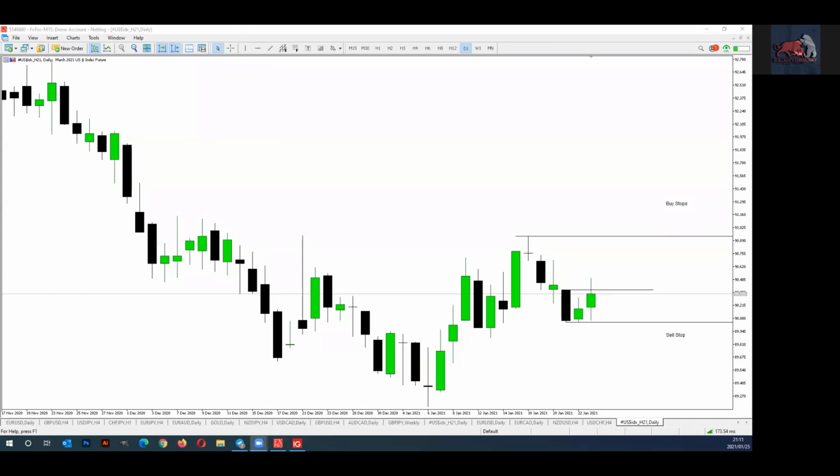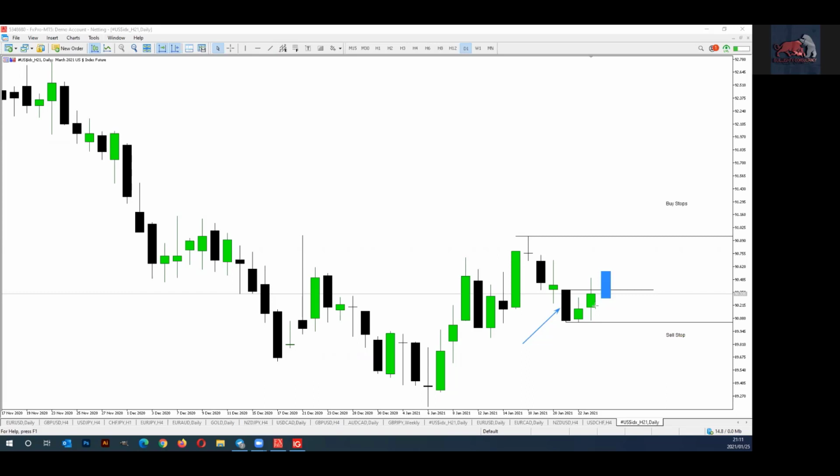Because once price closes above this last down close candle, it now means price has defined this down candle as a bullish order block.